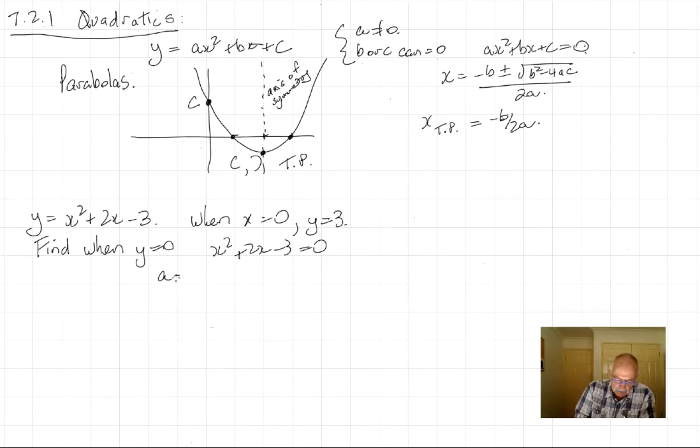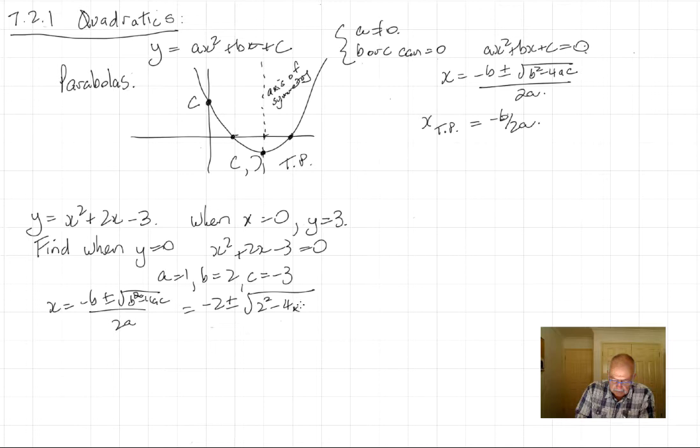So we've got a equals 1, b equals 2, c equals negative 3, don't forget to pick up that negative there. x equals minus b plus or minus square root b squared minus 4ac all over 2a equals minus 2 plus or minus square root 2 squared minus 4 times 1 times negative 3 all over 2.